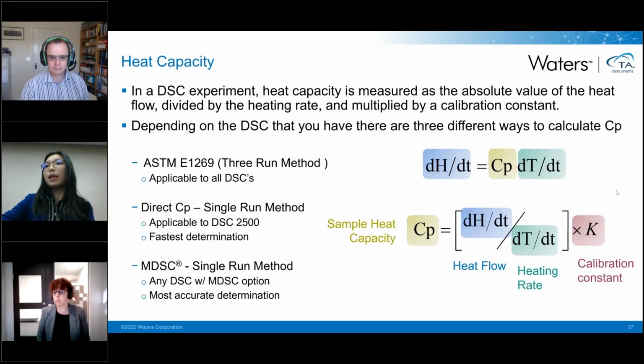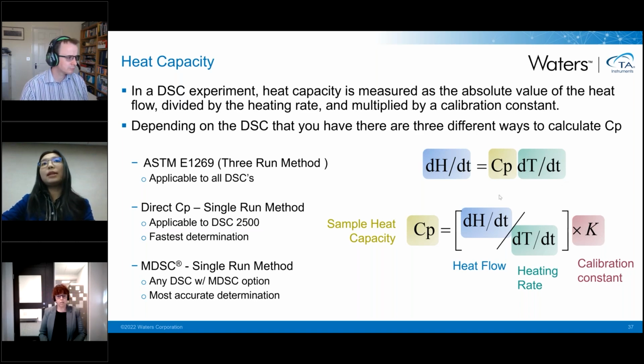So we're looking at the heat flow data on the DSC. We are measuring the heat flow. The heat flow signal is related to the heat capacity multiplied by the heating rate, plus any kinetic event. So when you're measuring the heat capacity, there's no phase transition occurring and no kinetic event.